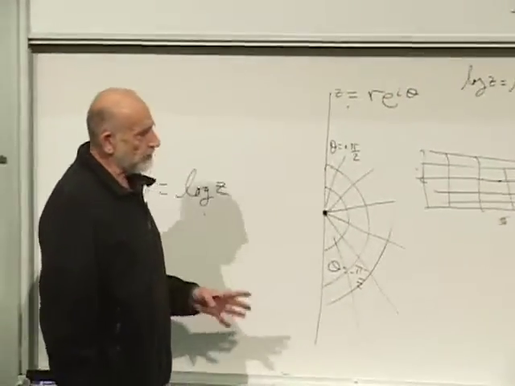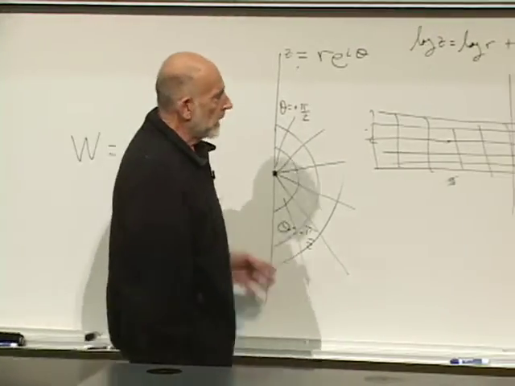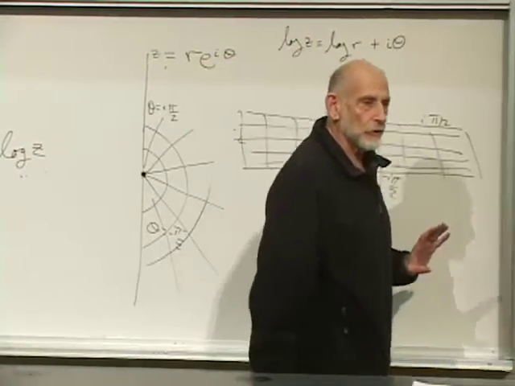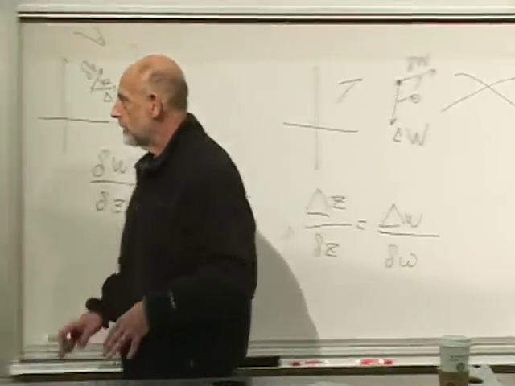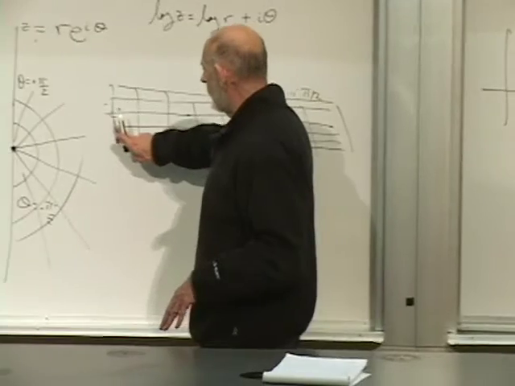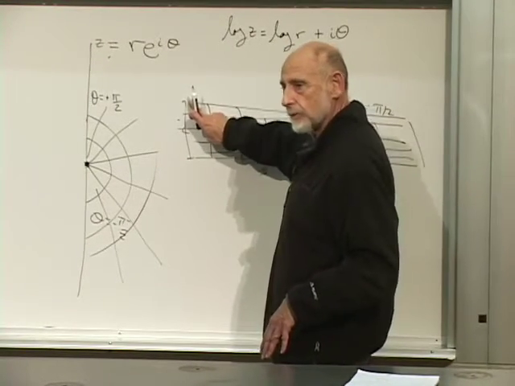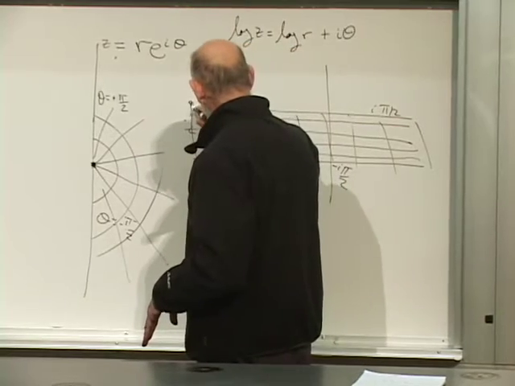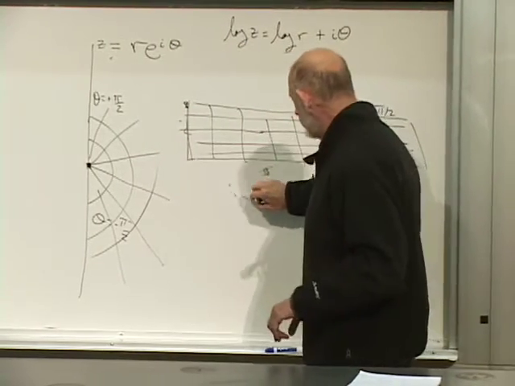Why is this strip description interesting from the point of view of string theory? This was the way I described the world sheet of a string in terms of a coordinate, what do we call it, sigma, which went from minus pi over 2 to pi over 2. That was, if you like, the parameter along the string.